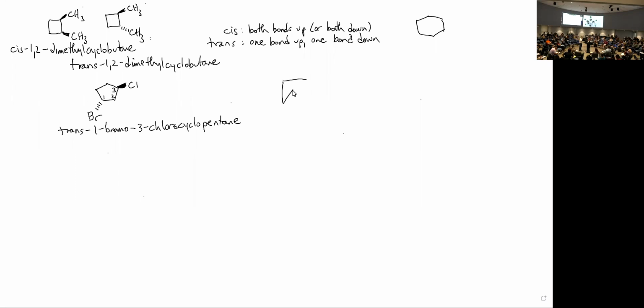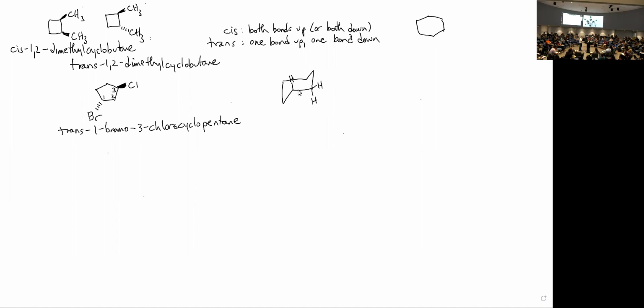And again, I don't want this to be at all intimidating. I have a significant advantage over you guys. I've been drawing these things for like 25 years, so I understand drawing these things takes some getting used to. But cyclohexane, C6H12, I'm just going to draw it in its chair conformation.